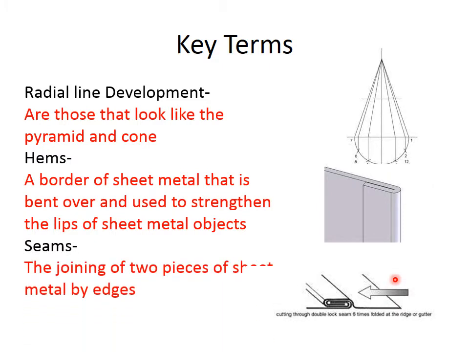When you have to join pieces of sheet metal together, you use seams. Seams are the joining of two pieces of sheet metal by their edges. This is just an example of one type of seam. There are a lot of different types of seams, but as you see, one piece of metal comes up, loops around and hooks here.